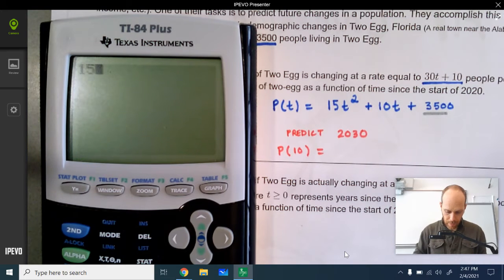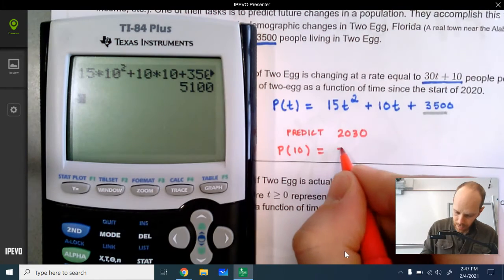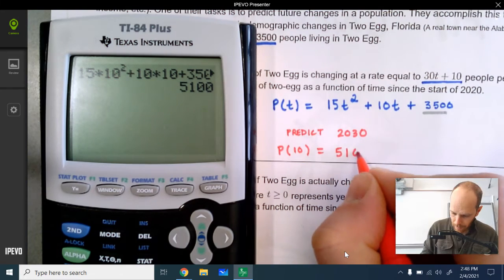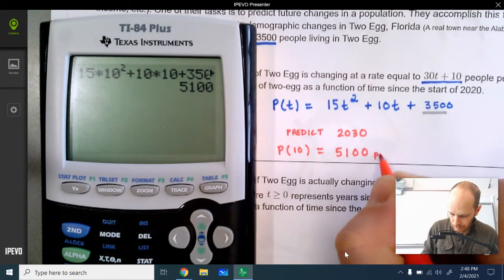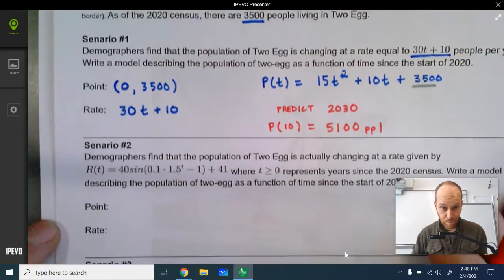So 15 times 10 squared plus 10 times 10 plus 3,500 gives us 5,100 people, which is what we predict to be the population of 2EG in that year.